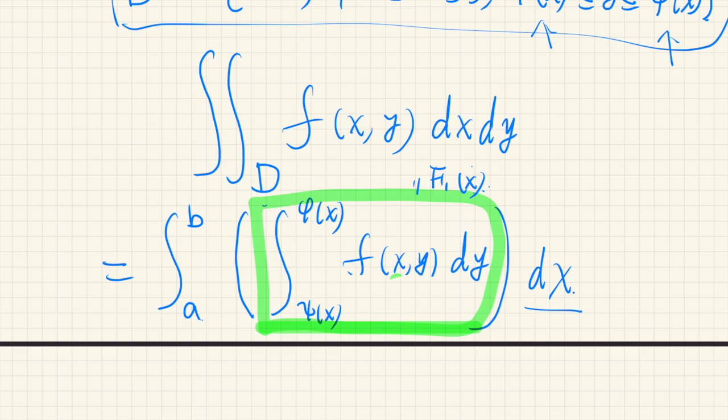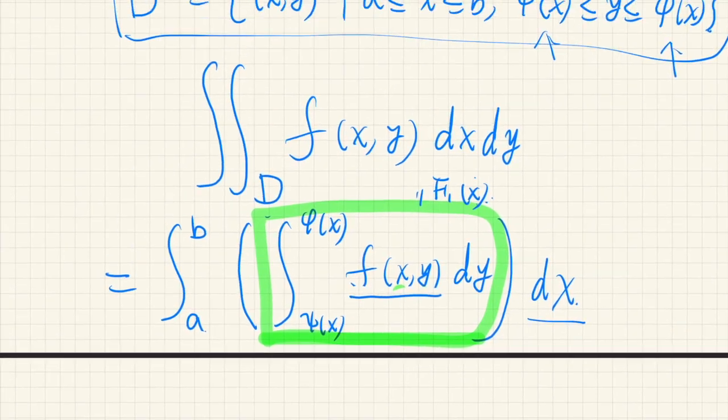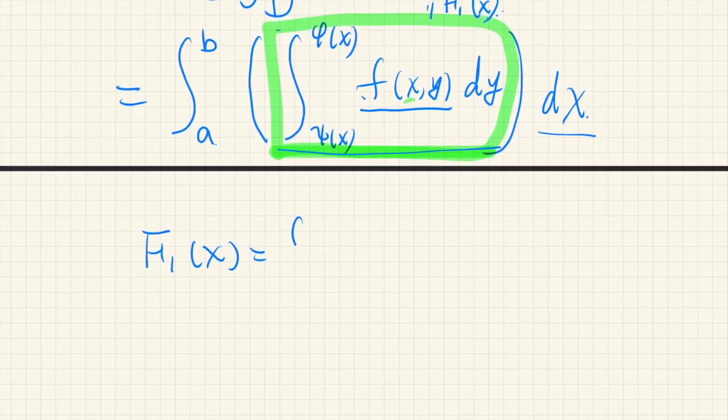Now we are going to show that this method of iterated integral actually works. We are assuming that f of x and y is a continuous function on the region D. And we define uppercase F1 of x as this inner integral. That is, we fix the value of x and consider f of x and y as a function of y alone, and then integrate it with respect to y.